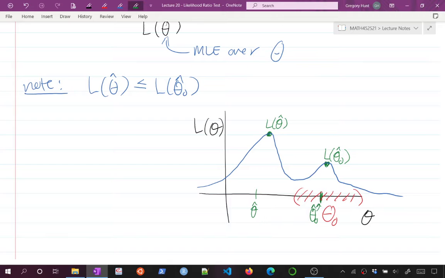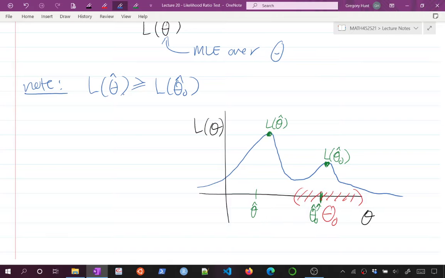You can notice in this picture that, whoops, I have my sign backwards, good thing I wrote it this way: the likelihood function at the overall MLE has to be bigger than the likelihood function at the restricted MLE.